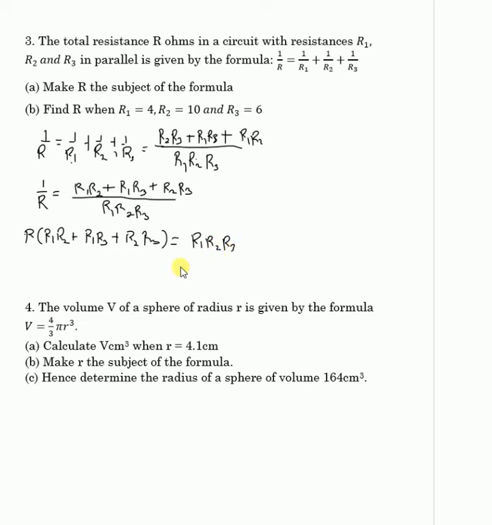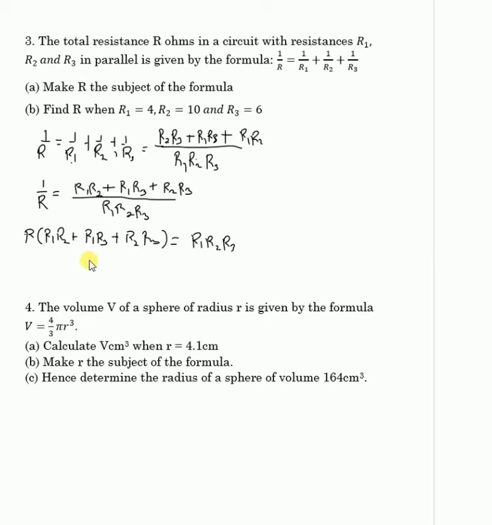And now the final thing can be got by multiplying through by the term in brackets, so that when I get this side here, divide by that, it cancels out. So divide through by R1 R2 plus R1 R3 plus R2 R3, the term in brackets.